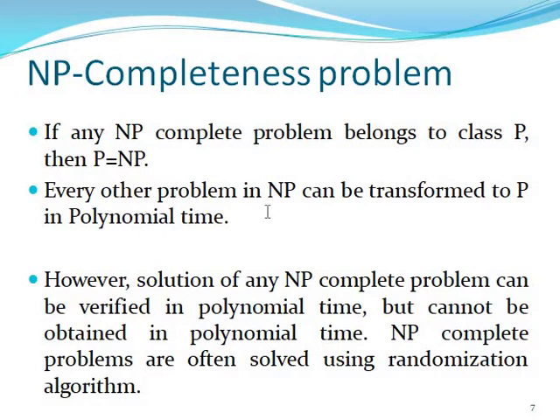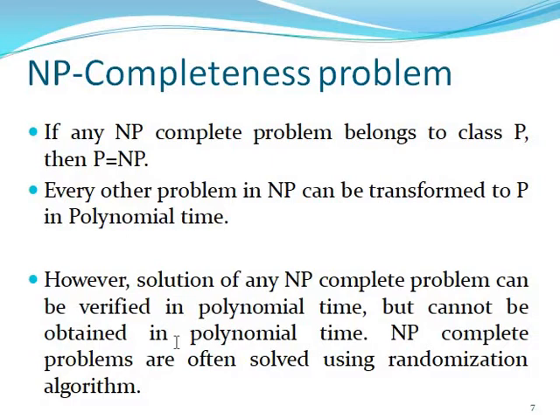Every other problem in NP can be transformed in polynomial time. So every NP problem can mostly be solved in polynomial time. However, the solution of any NP complete problem can be verified in polynomial time but cannot be obtained in polynomial time.